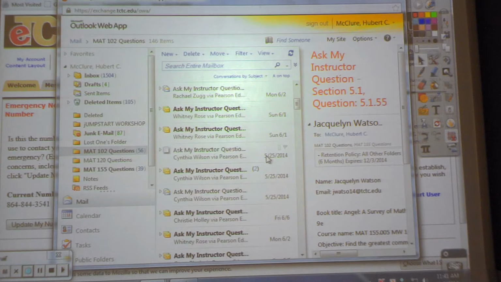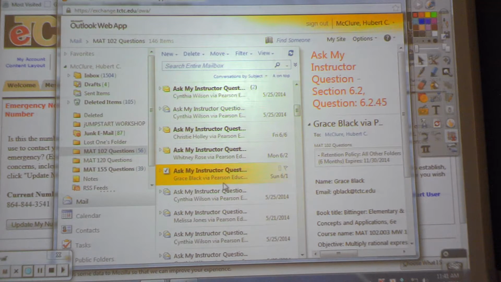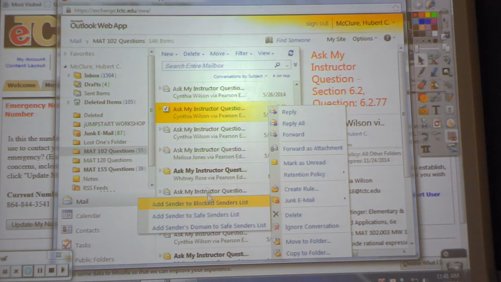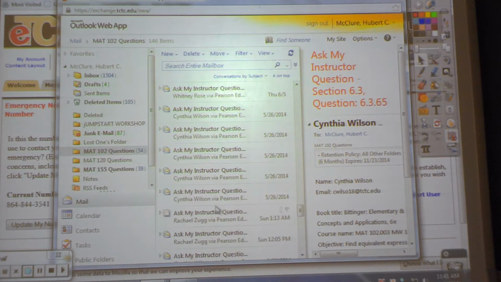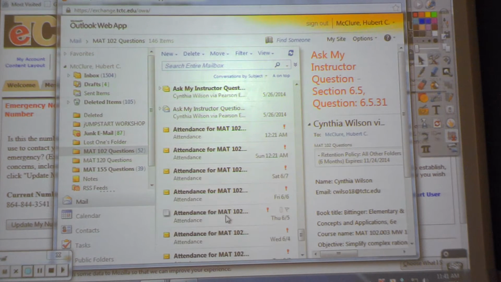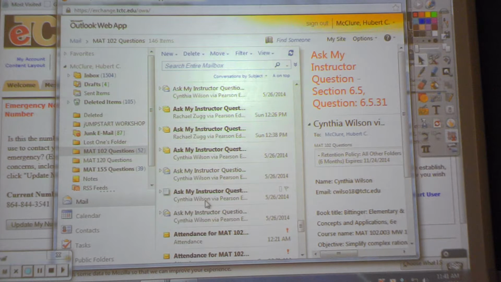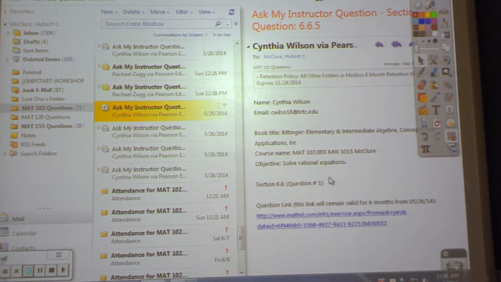All right, I think we were on somewhere around 6. That's way down here. All right, 6.6. What number was that? Number 2. Well, she sent number 1 too.